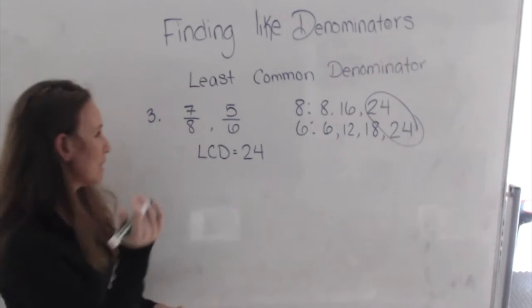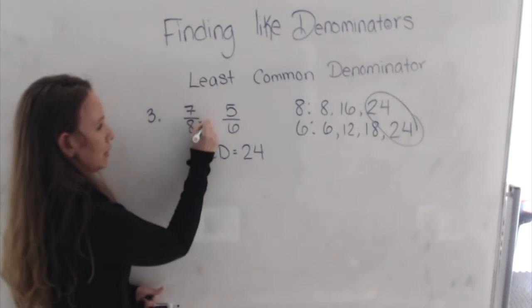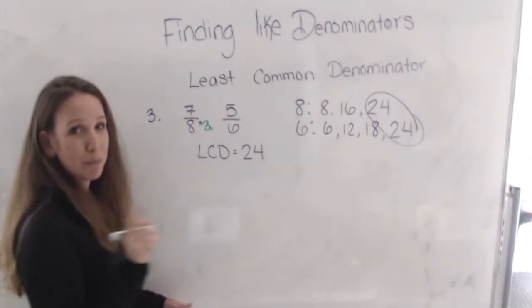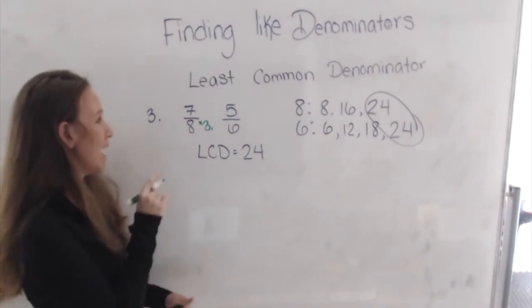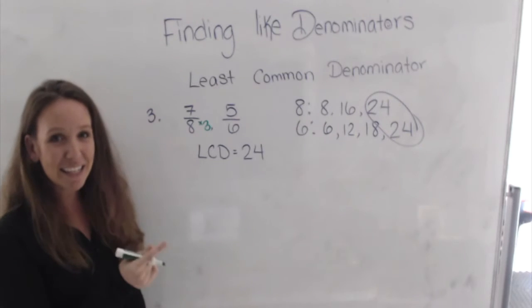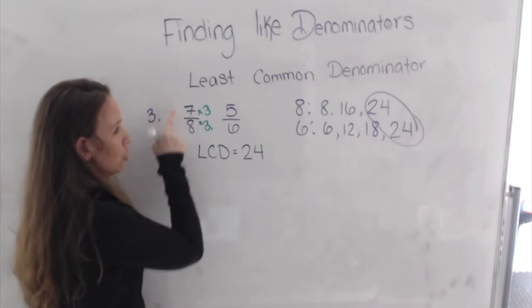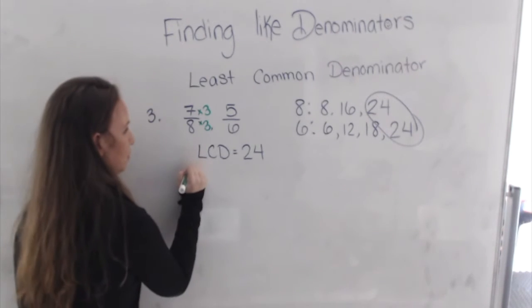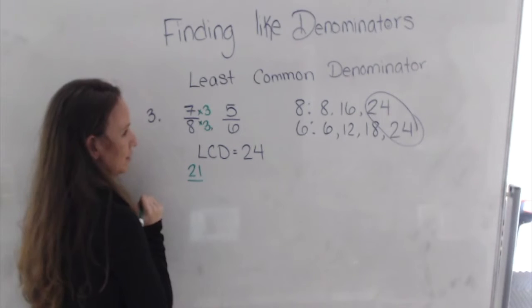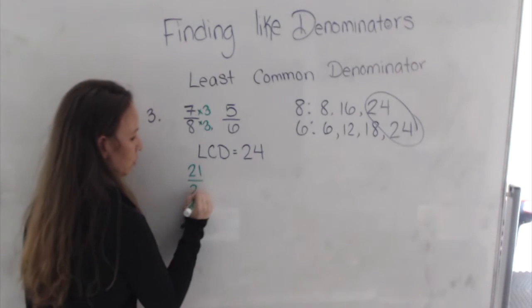That's right, 8 times 3. So let's multiply by 3. But remember, when I do equivalent fractions, whatever I do to the bottom, I need to do to the top. So I'm going to multiply by 3 here. So that fraction is now 21 over 24.